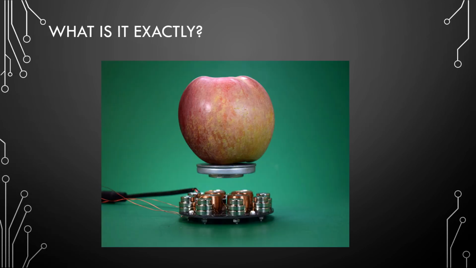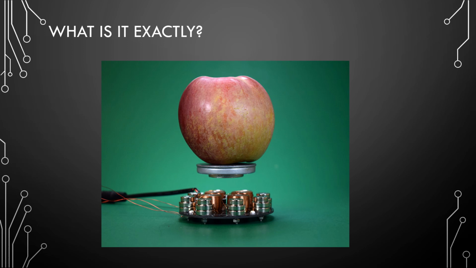So to begin, I'll just give a brief explanation of what electromagnetic levitation is, also known as just magnetic levitation or maglev for short. So maglev is essentially just the process of using powerful magnets to suspend or propel objects without the need for any sort of physical contact, whether that be through rails, cranes, or anything of the same manner.